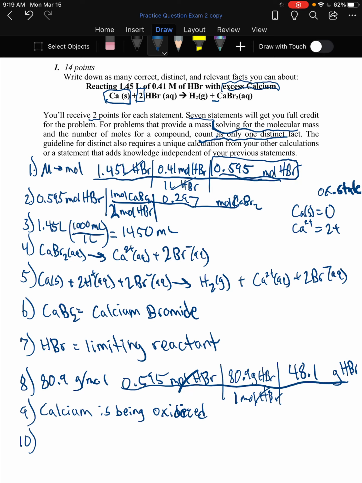So this would be a way of saying that calcium is being oxidized because it's losing electrons to become that ionic compound. Now, if you provided the oxidation states and said that other things are being oxidized or reduced that were correct, it would still only count as 1 credit for an answer because it is the same concept. And that's what I'm looking for really, is different concepts being used to satisfy your distinct and relevant fact.